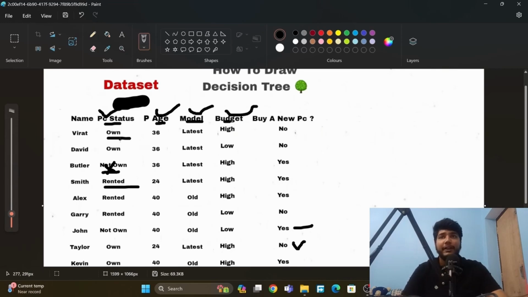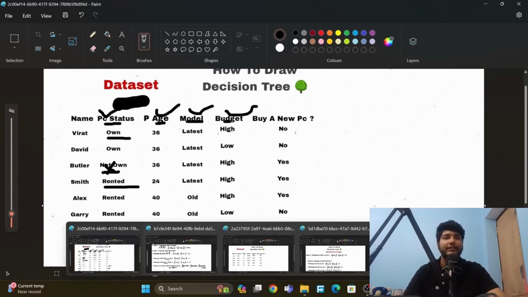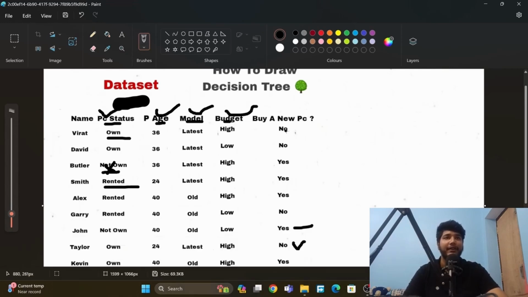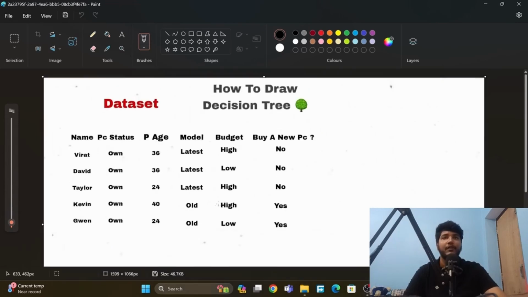Now we will separate on and rented from here, because we don't need not on. So here is the data after that, and we will get yes and no for only on and rented, not for not on. This is the data here that we have separated.